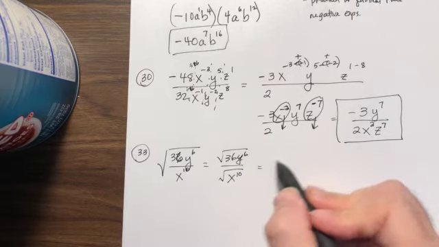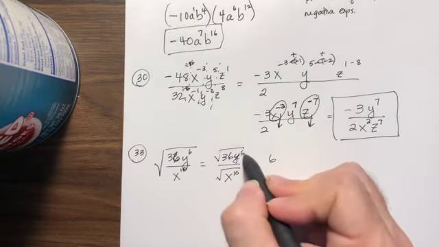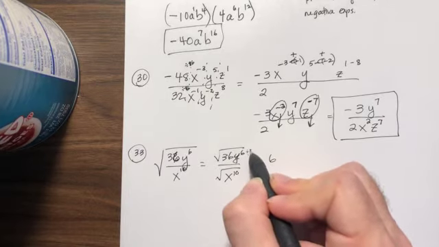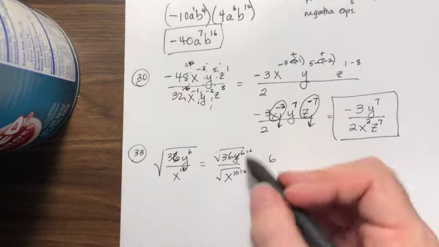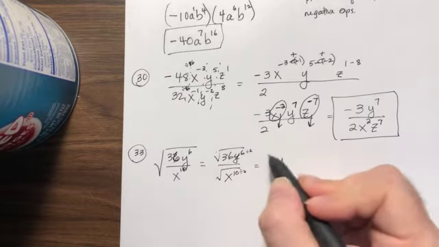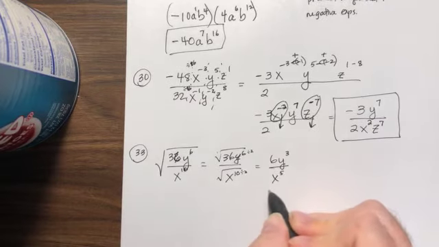And for numbers, you know how to do that. It's what number times itself gives you 36. And for letters, you're going to divide the exponent by 2, or whatever the number is out here if it's not 2. So we get 6y to the 3rd, and we get x to the 5th, and there's no more square roots.